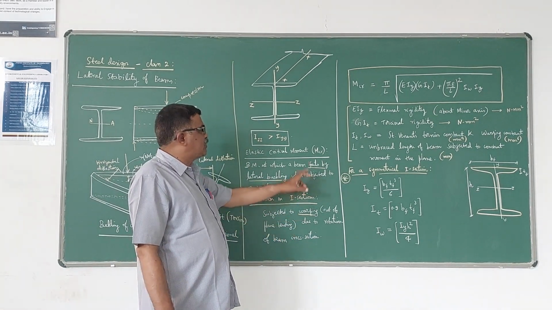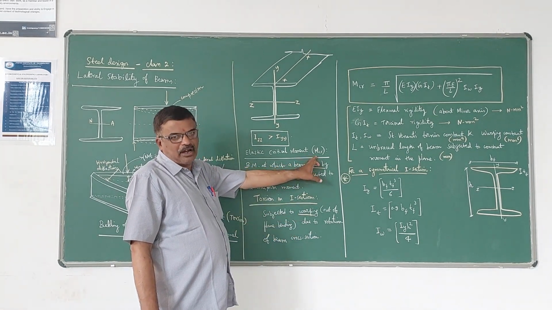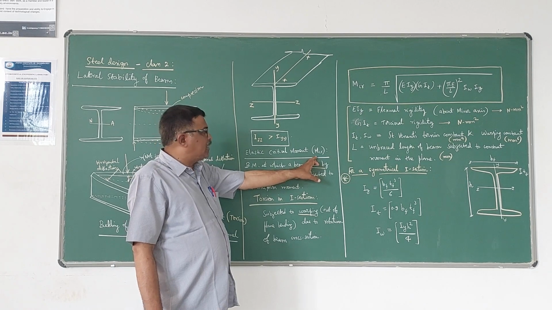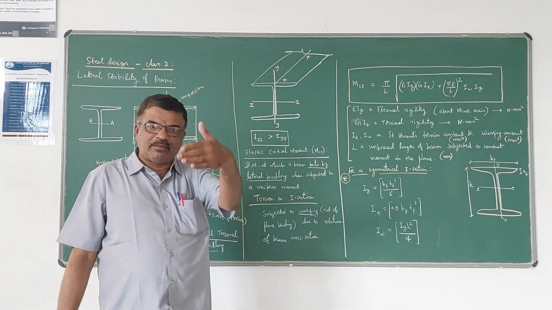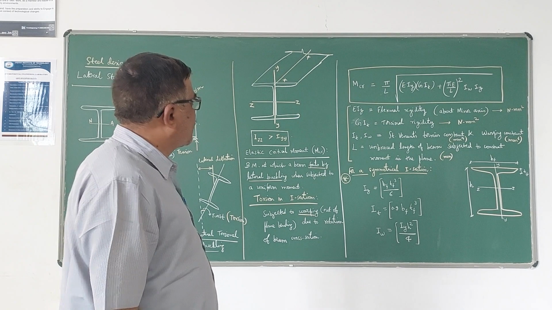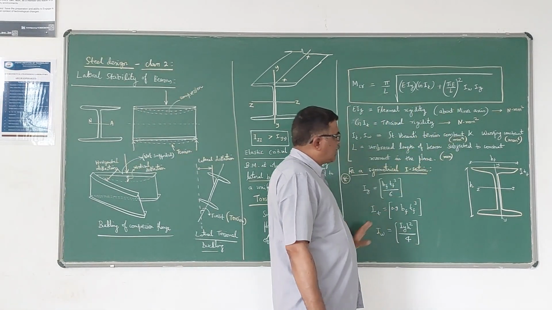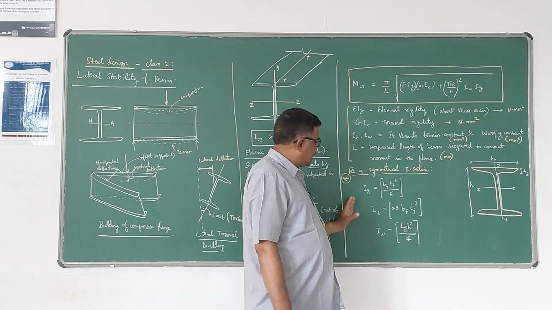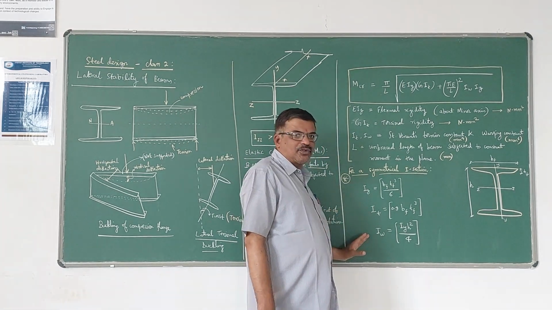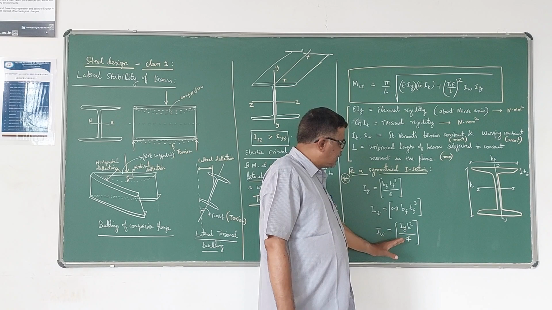In that case, we will have a value of MCR, which is not there in the case of laterally restrained beams. That MCR value is computed using this formula. And for a symmetrical I-section, these three values are obtained using these formulas.